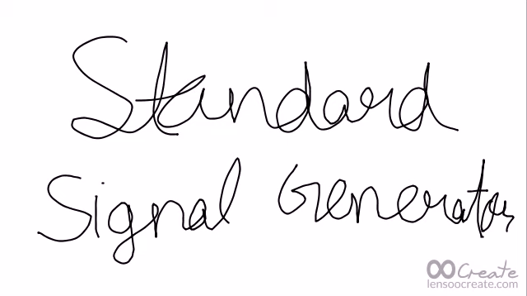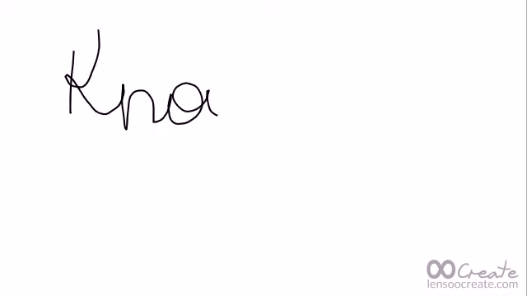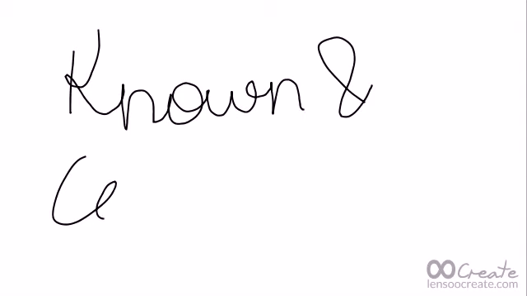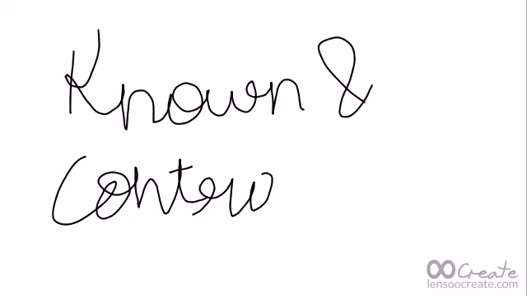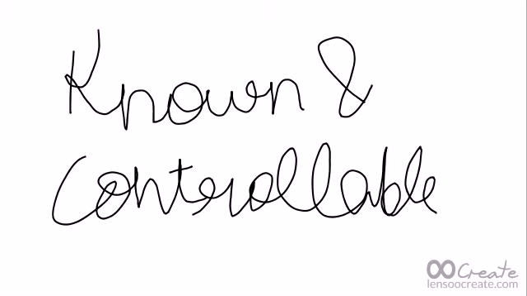It generates signals which are in the range of radio frequencies, and its main job is to produce known and controllable voltage. Don't worry about the notes, I will provide you the notes at the end of this video. So yeah, a standard signal generator is a radio frequency signal generator which produces known and controllable voltages.